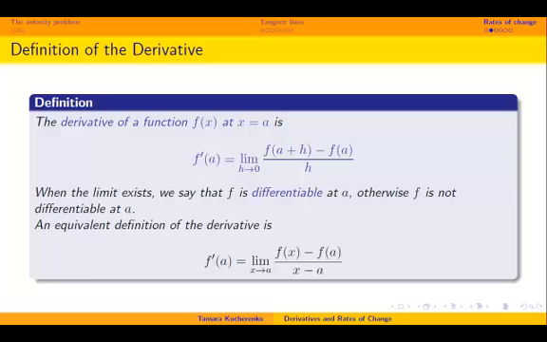It follows from our discussion that slope of the tangent line, instantaneous velocity, or any other rate of change are all different interpretations of the derivative.